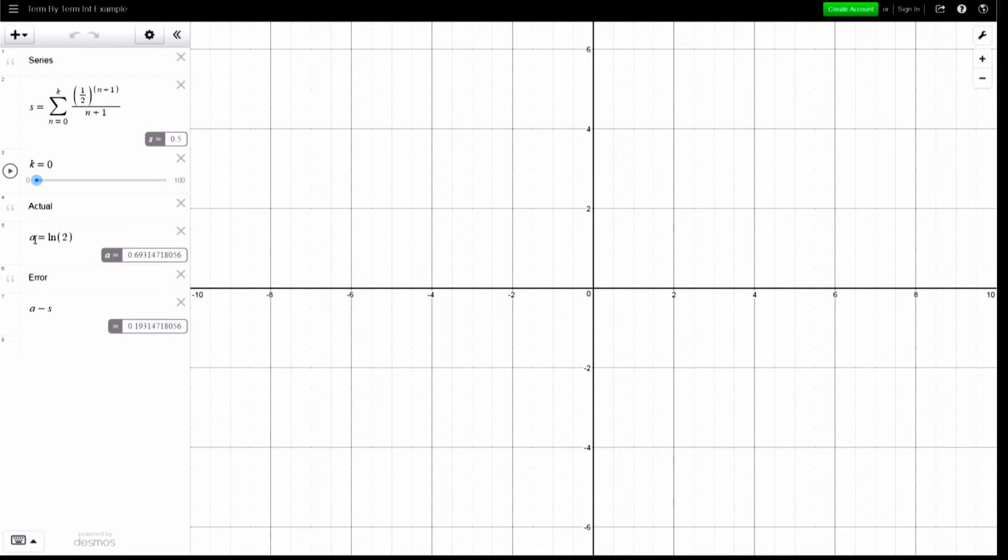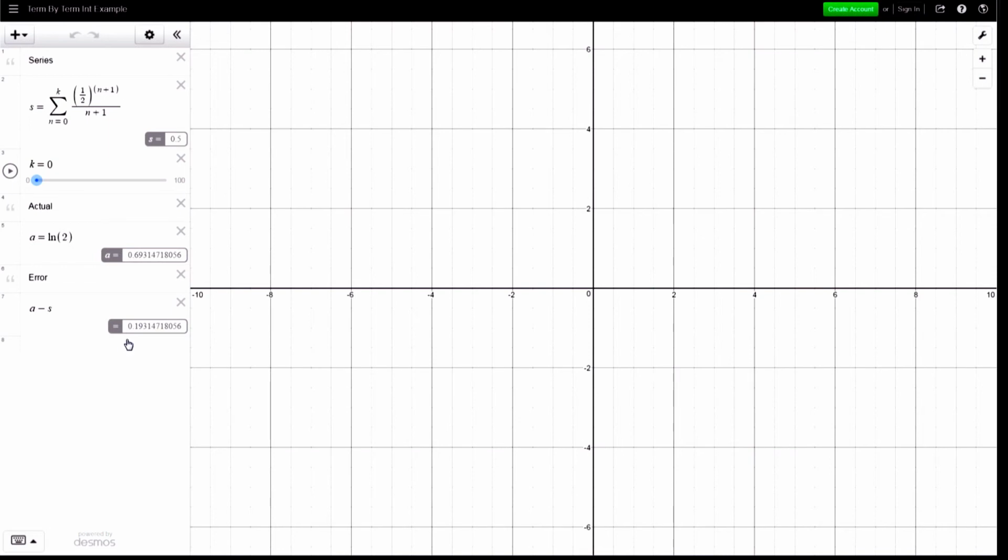And then I've got Desmos giving us what it thinks natural log of 2 is. So this is our goal, to see if we can approximate natural log of 2. And then down here, I just want to look at the difference. So far, all we've done is add up the first term, 1/2. And there it is, 1/2. There's what natural log of 2 should be, or at least as to Desmos's accuracy. And there is our error.